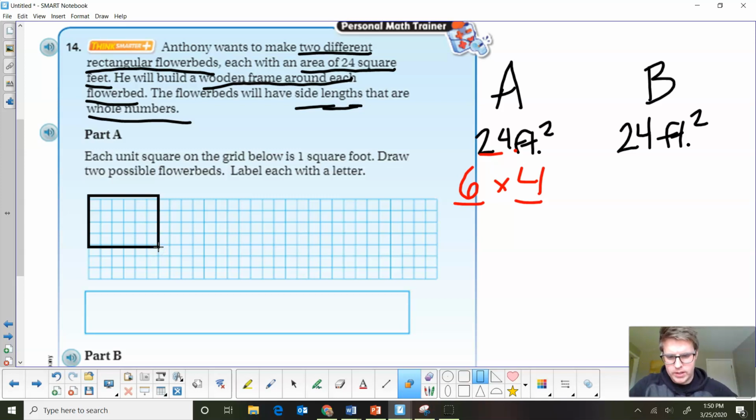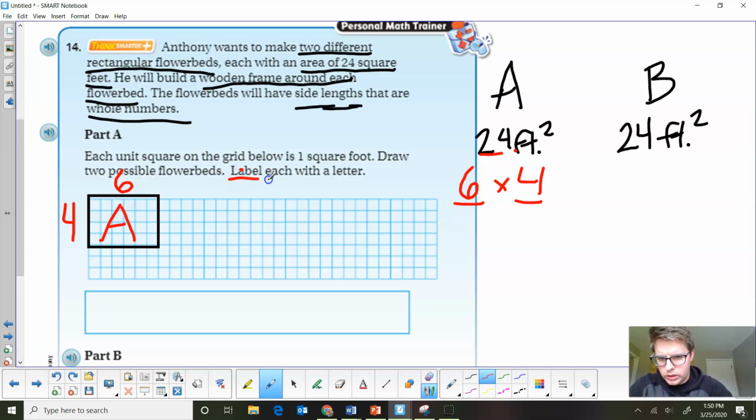All right, let's label my sides. 4, 5, 6. And I'm going to call this one shape A because it says in the directions to label each with a letter.